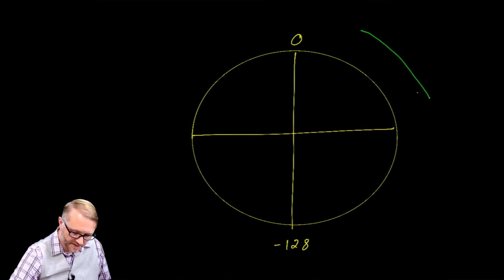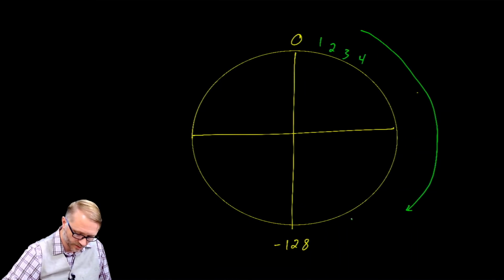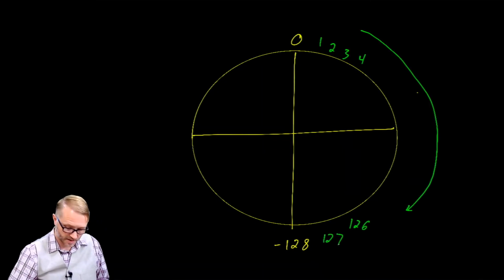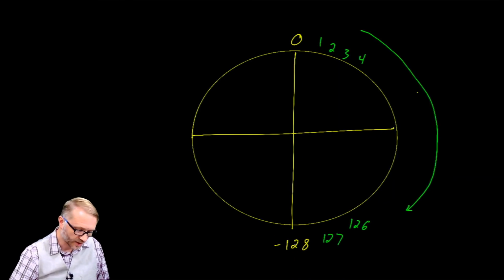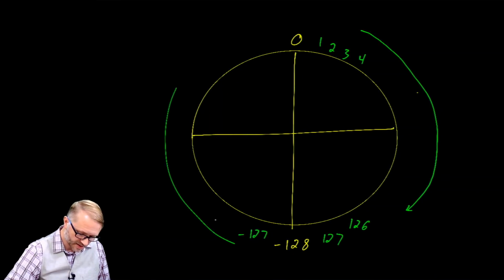As we go around this circle, we see that the numbers increase. So 0, 1, 2, 3, 4, and so on till we get to 126, 127, and then we hit negative 128. And as we continue on this circle, it goes negative 127, negative 126.